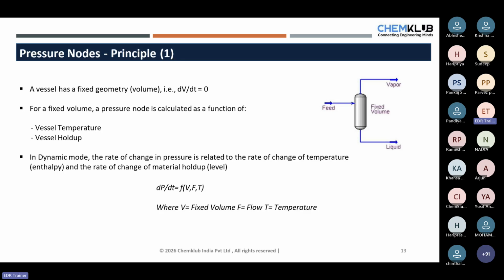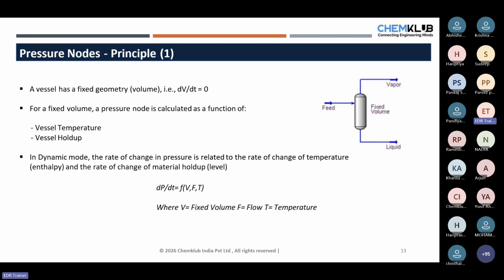So the pressure inside the vessel will depend on the hold up quantity, the vapor liquid equilibrium, enthalpy, and the temperature. That is how they are related within the pressure node.